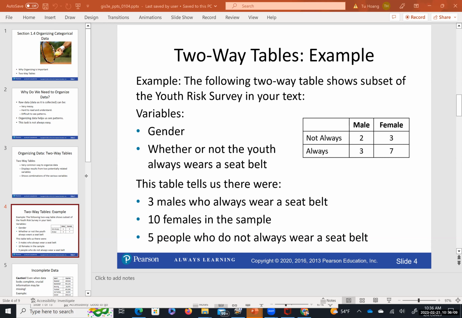Keep in mind that we are talking about categorical data, which is the data in categories, such as gender, such as hair color, something like that, right?